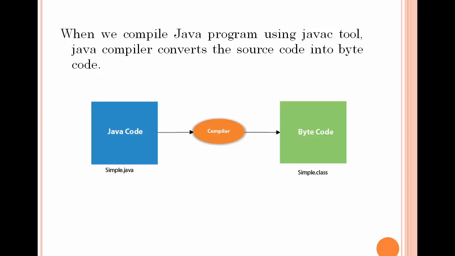The file name has to be the same as the class name. So class Simple has the file name Simple.java. This Simple.java is compiled using the javac tool. Then it gets converted into bytecode, which is zeros and ones, that can be understood only by machines.